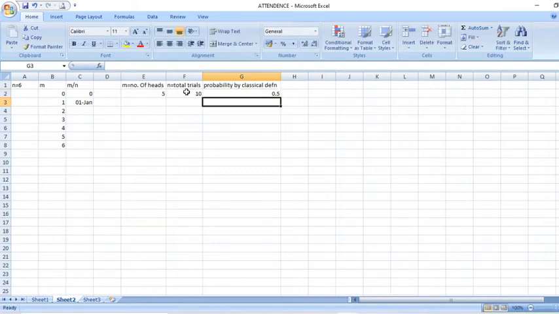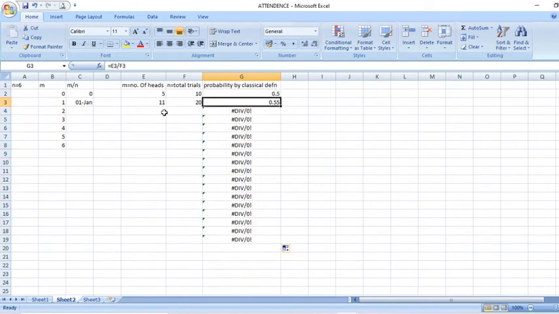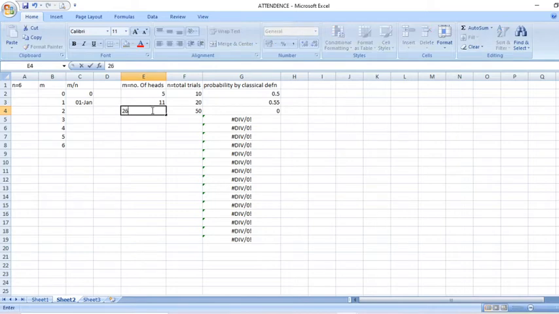That will be 0.5. Suppose we toss 20 times, and if you observe 11 times, the probability is 0.55. Suppose we toss 50 times, and if you observe 26 times, the probability will be 0.52. And suppose you toss 100 times, and if you observe 49 times, the probability will be 0.49.